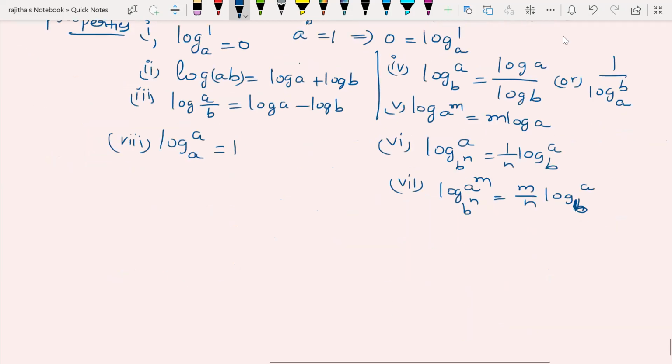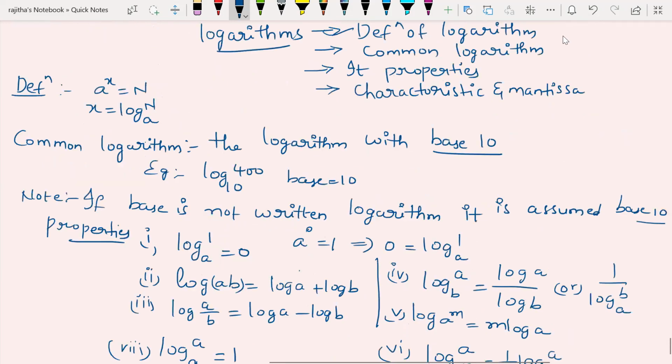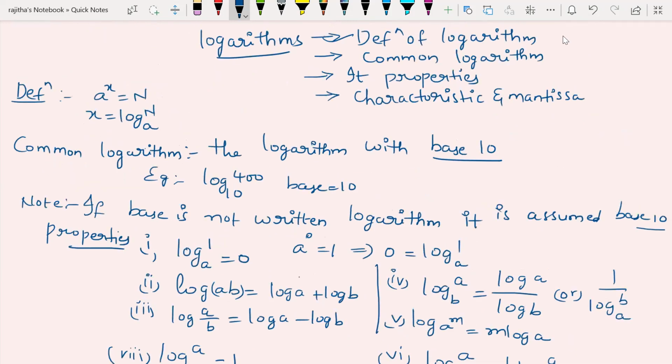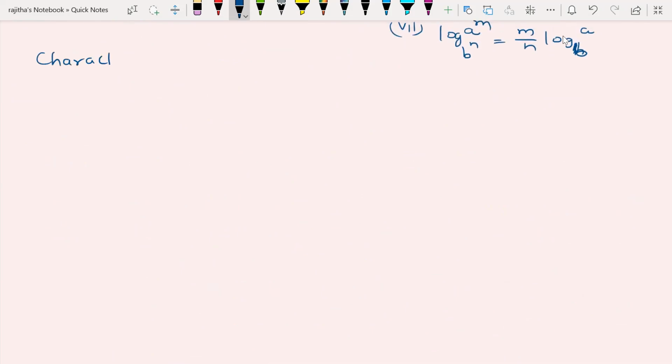Next, common logarithm definition is over, properties are over, next what about characteristic and mantissa.